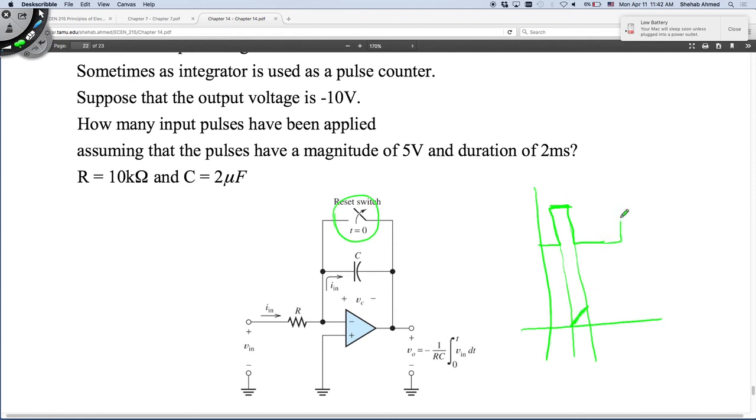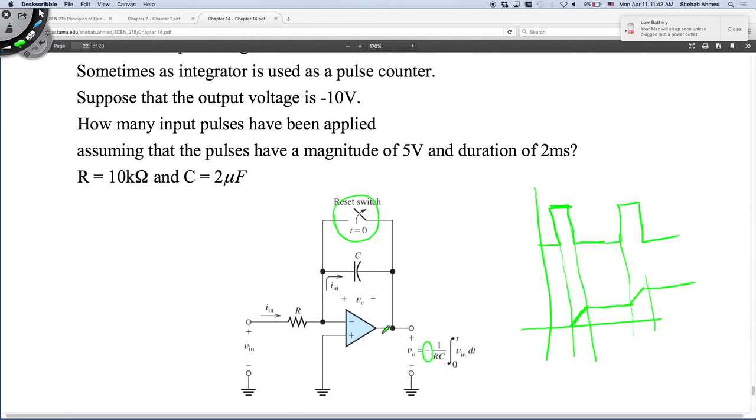How about if I put another pulse? How about from here to here? Is the value of the output going to change? It will not change. Here, you see another slope. Do you agree? This is the output, a negative output, right?